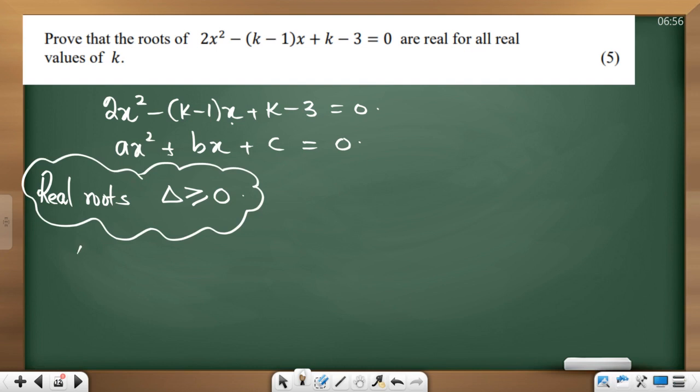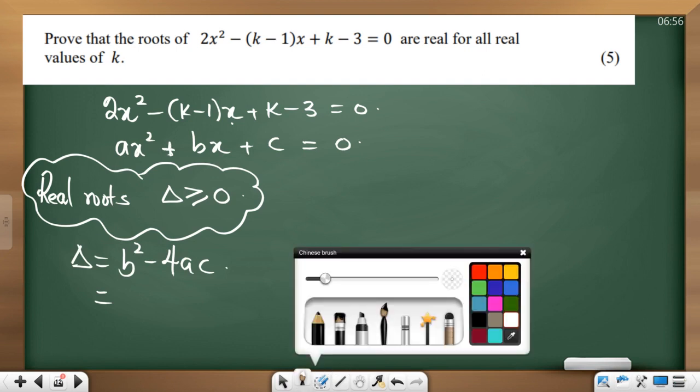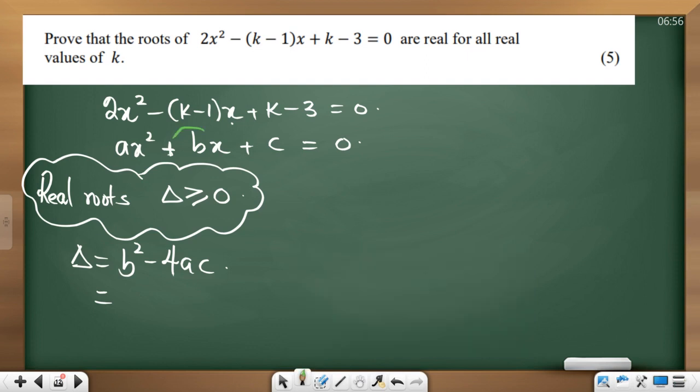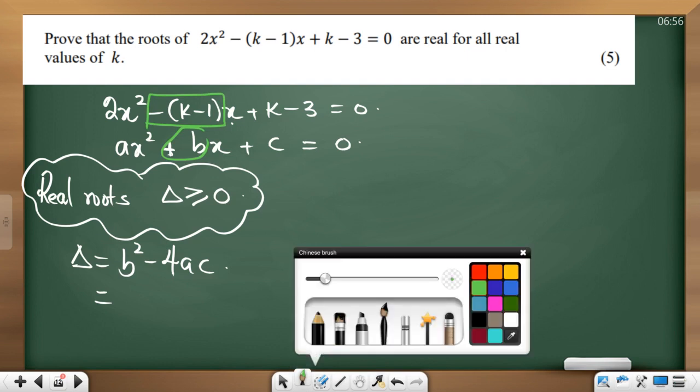So let's go look for our discriminant. My discriminant is b squared minus 4ac. Beautiful. What's my b? My b is the whole of k minus 1, but it's negative, the coefficient of x. The coefficient of x, which is b. And this time around, that is my b.